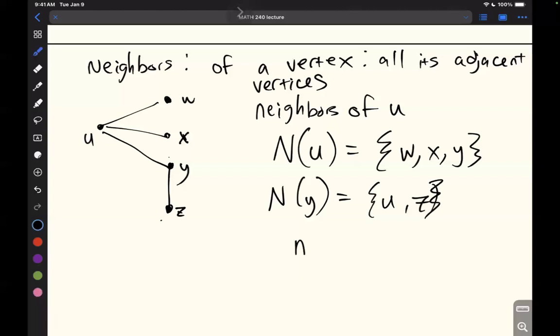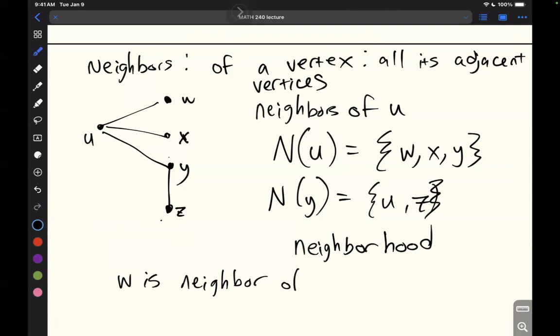This is also called a neighborhood because that's all of them. And so we can say that W is a neighbor of U, but the neighborhood of U is W, X, and Y.